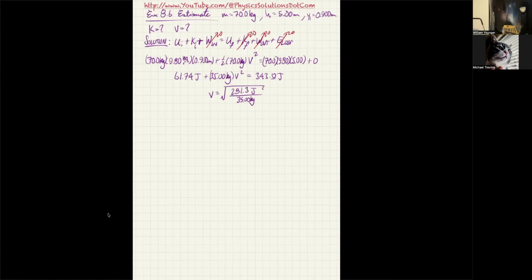So I'll divide that by 35, and now I'm going to take the square root of this, and that's going to be equal to 2.835 meters per second.